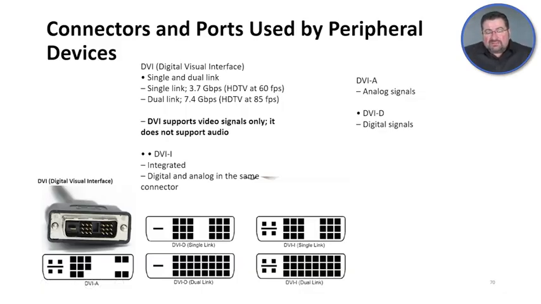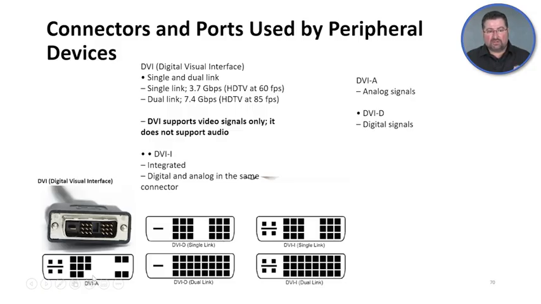DVI-I is both digital and analog in the same connector. So if you're running some type of analog equipment, you can use a DVI-I and it can support the analog version. And then if you're actually splitting that to another piece of equipment that's using digital, the I part will also support that. So it supports both, which is very nice. And there's a dual link also available, but they're only going to ask you one of these.